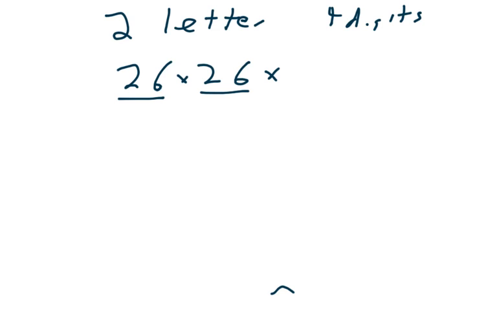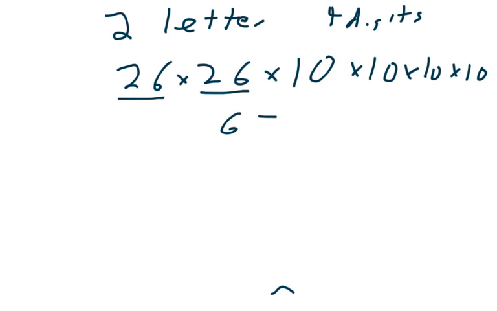And then we have 4 digits, so we have 10 times 10 times 10 times 10 for our 4 digits. And when I multiply those all together, it turns out that there are 6,760,000 different ways that we can have a license plate.